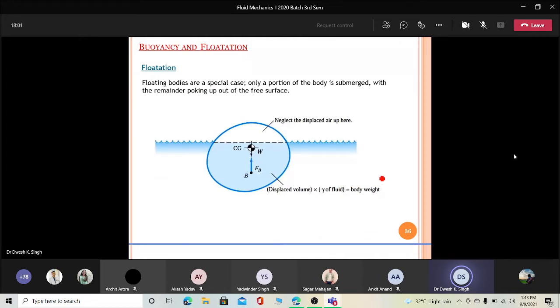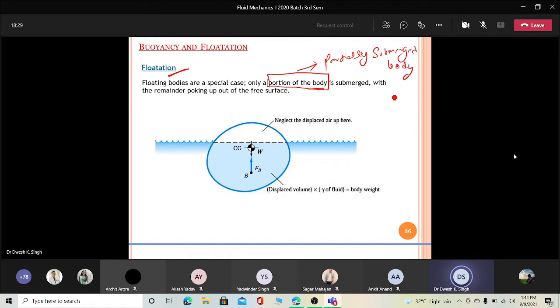Now the flotation. This flotation is basically a special case. What is that special case? When only a portion of a body, look at here, means a partially submerged body.